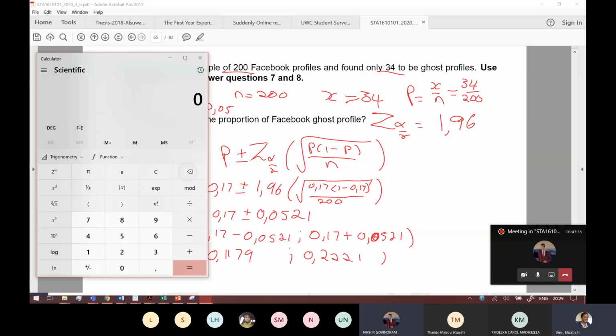Okay, so let me just see here. 1 minus 0.17 equals 0.83.